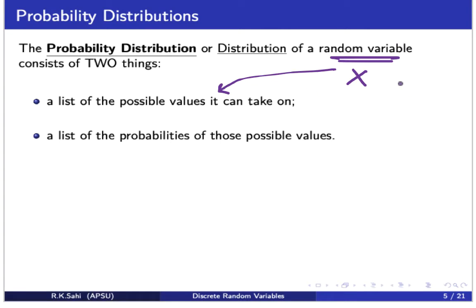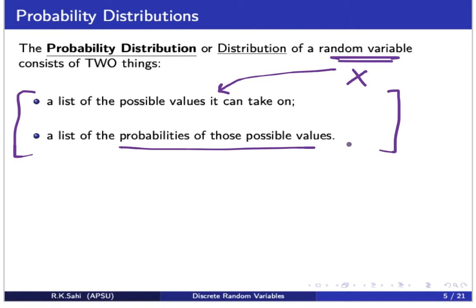Not only that, when I talk of a probability distribution, what I'm saying is, what are the probabilities each of these possible values can take? So when you combine these two together, that is, all possible values of x and the probabilities these possible values can take, we are talking about a probability distribution of a random variable.